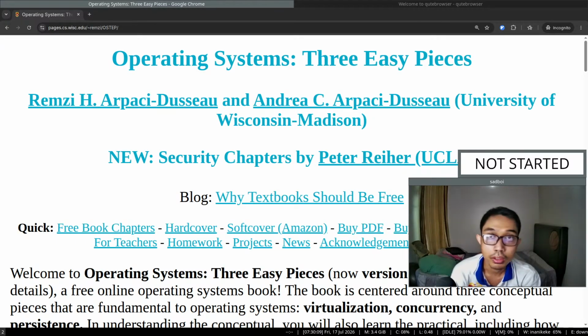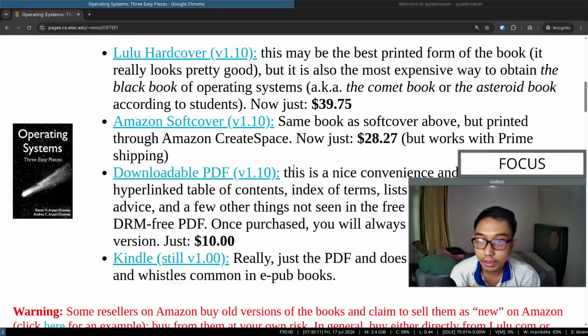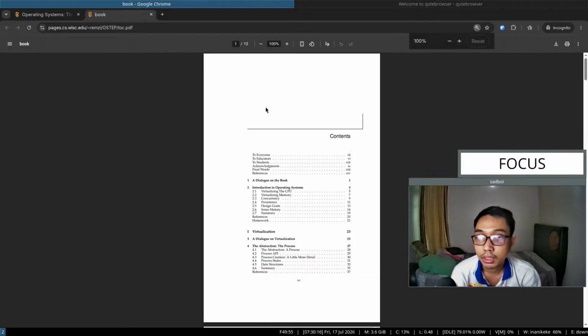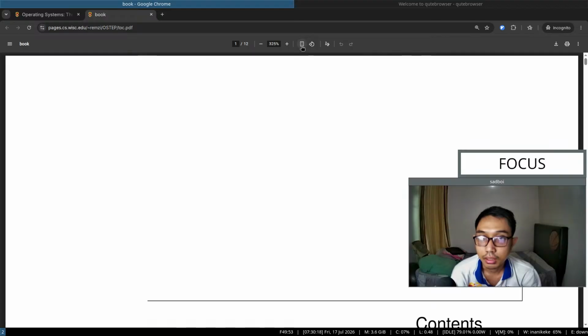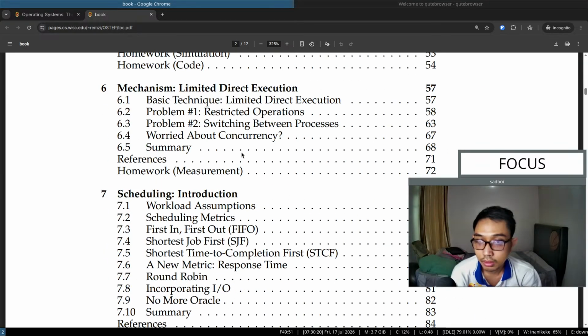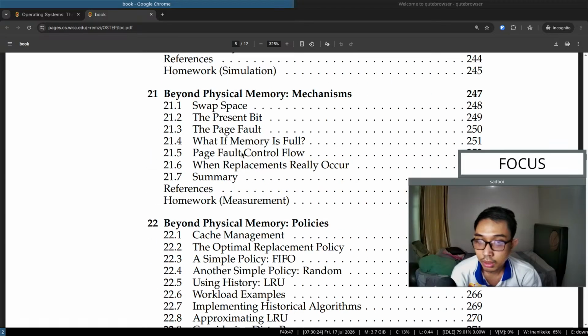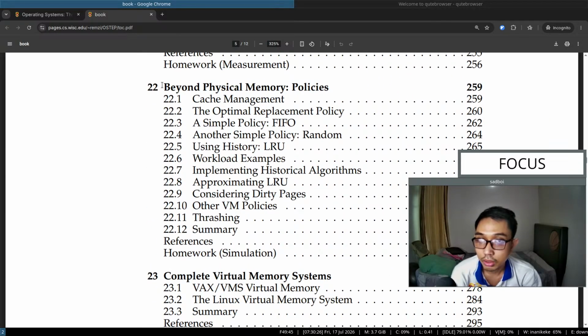Alright, let's continue. Let me open the table of contents first. We are on chapter 22, Beyond Physical Memory: Policies.